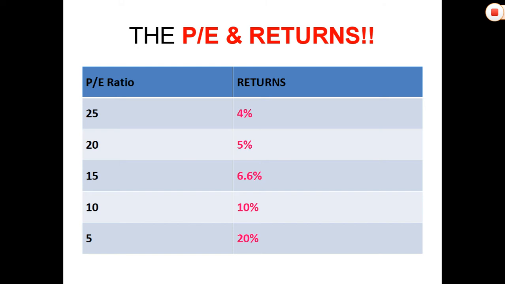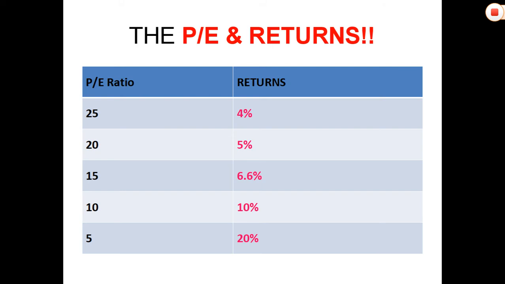Now, this chart simplifies the connection between the PE ratio and the returns you would get out of the company. So for a PE ratio of 25, you get a return of 4%, which is very poor. And as you go down the chart, you would see that your returns are increasing.